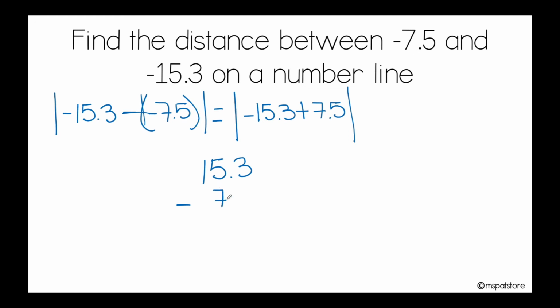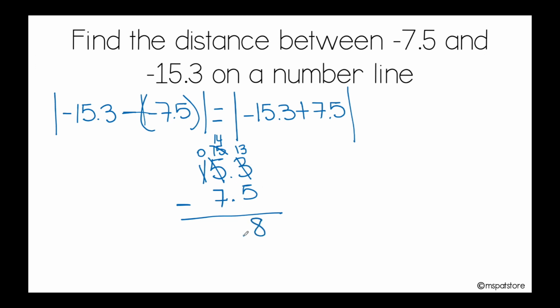Remember to make sure to line up the decimal point, because if you do not do that, your answer will be wrong. I cannot subtract 3 minus 5, 5 minus 7, so I need to ungroup my 1. So this one will become 0. This one will become 15, but not for long, because I still need help for the 3. So this one will become 13. Now I am ready to subtract. 13 minus 5 is equal to 8.